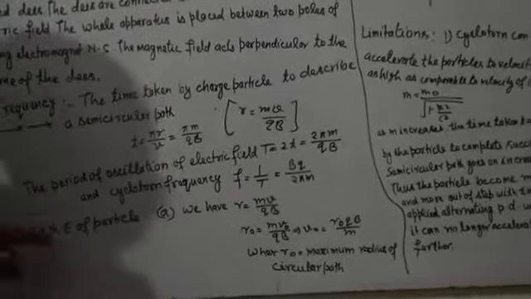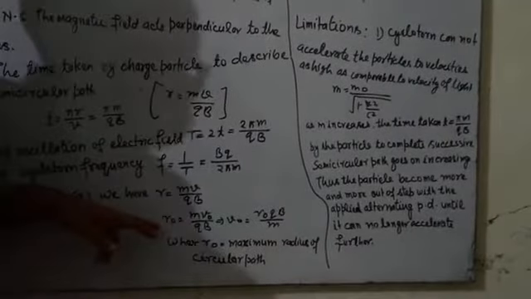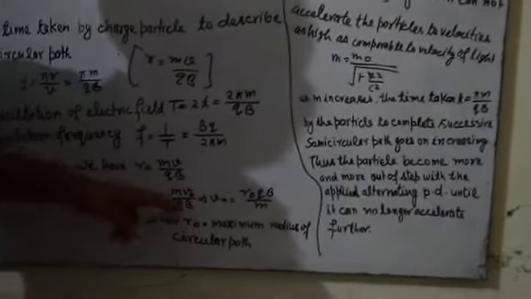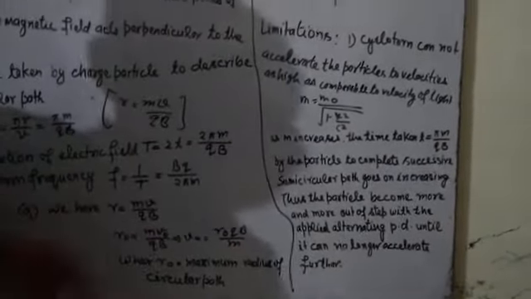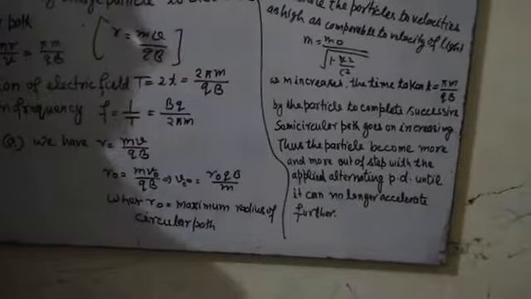Second, maximum kinetic energy of the particle. We have r equals mv upon qB. Maximum radius means outer radius, that is r naught, and v naught is the maximum velocity. Therefore v naught equals r naught qB upon m, where r naught is the maximum radius of the circular path.